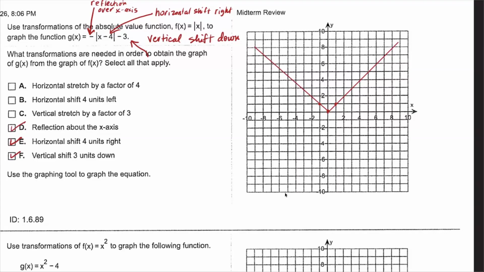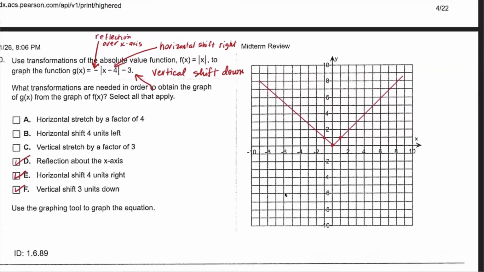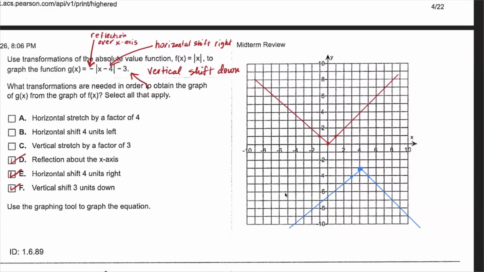But if this whole thing had to be shifted four spaces to the right, and 3 spaces down, and reflected, flipped over, 1, 2, 3, 4, 1, 2, 3, it would look like this blue graph. It would look like the blue one.